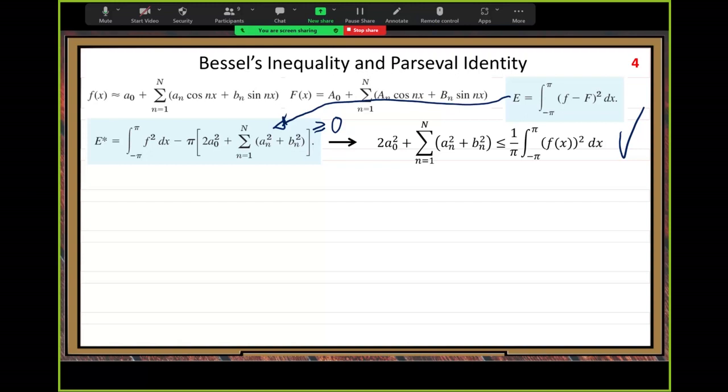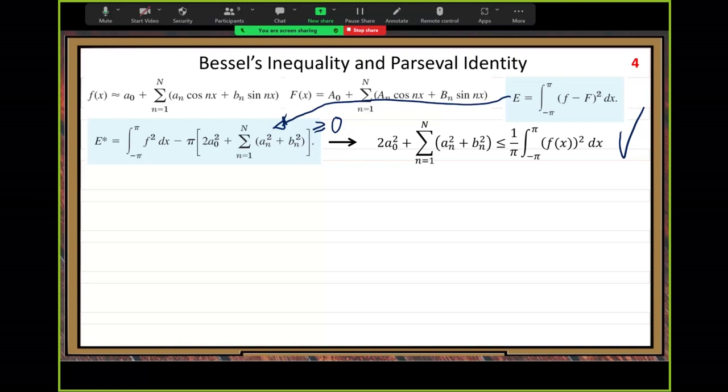This formula is true for any given capital N, and we can make that capital N very large. Can we make it go to infinity? If we make it go to infinity, is the inequality still true?